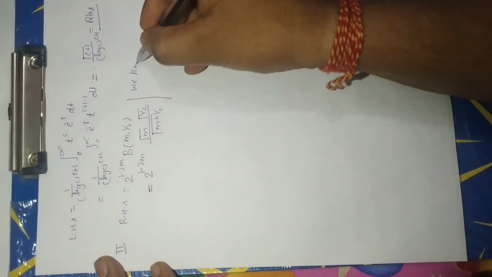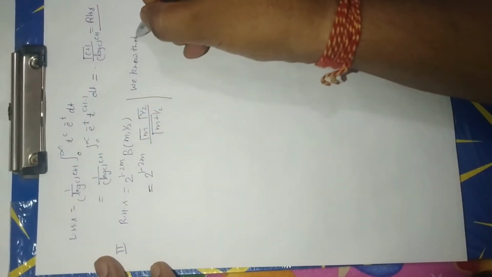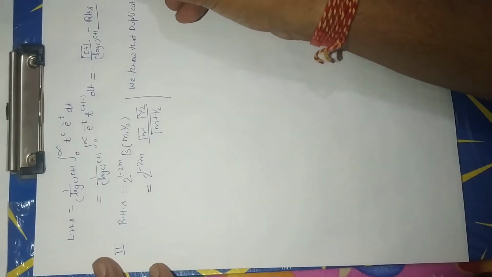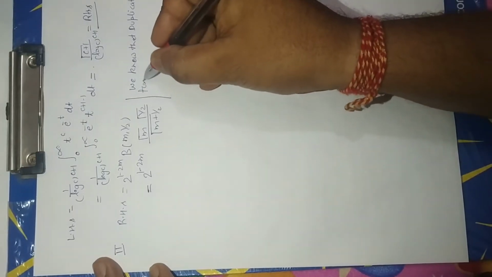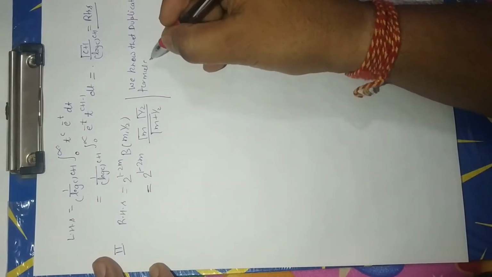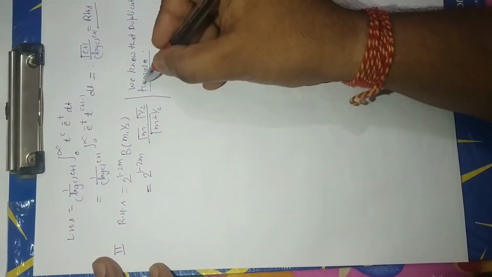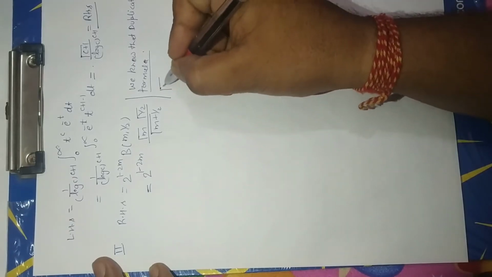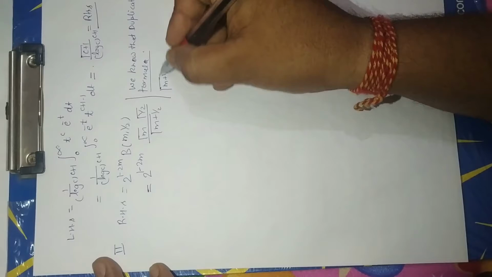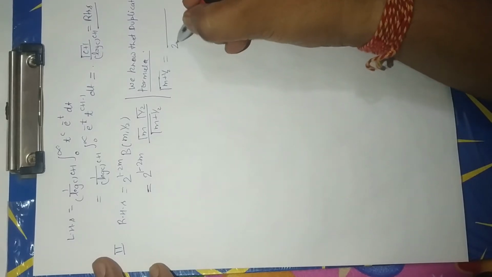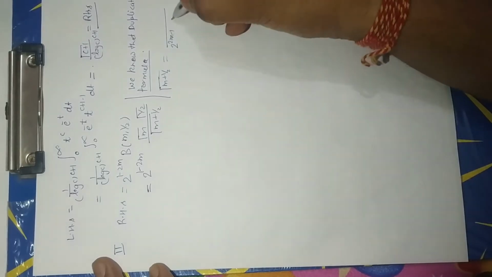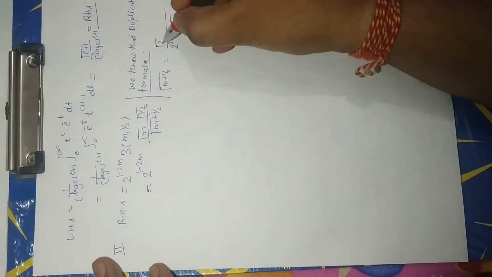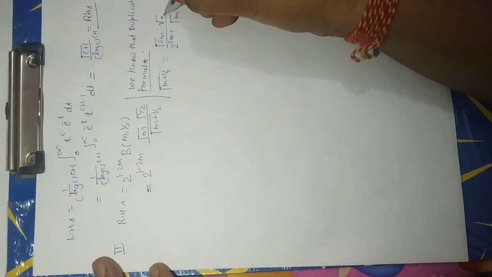We know that the duplication formula: gamma m plus half is equal to 2 to the power 2m minus 1, gamma m, gamma 2m under root pi.